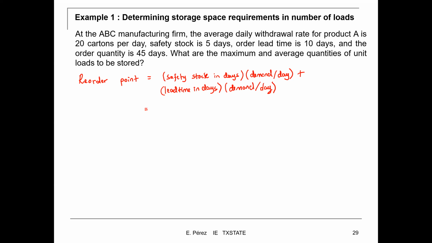For this problem, that is 5 days times 20 cartons per day, plus 10 days times 20 cartons per day. And this is equal to 300 cartons.